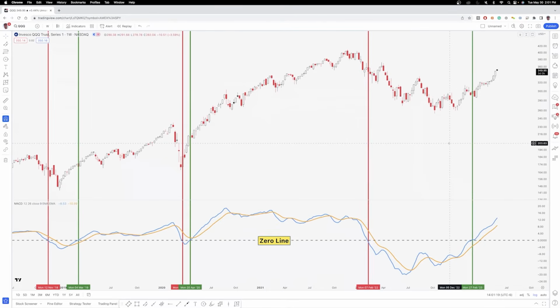So what is a way that you can really tell maybe we're starting to bottom out, or maybe we're starting to top out? Well, in this case, you can see here that you definitely have divergence on both the upside above the zero line and the downside here. First example is pretty much from September of 2020 all the way to November of 2021.